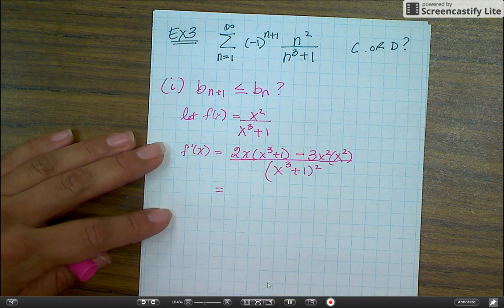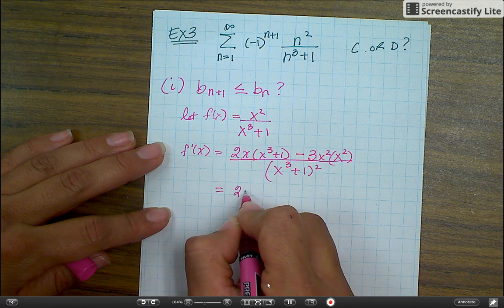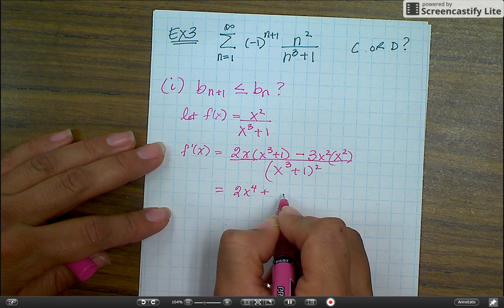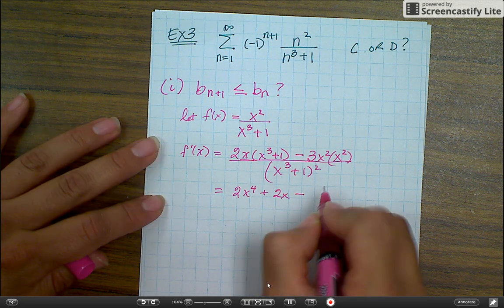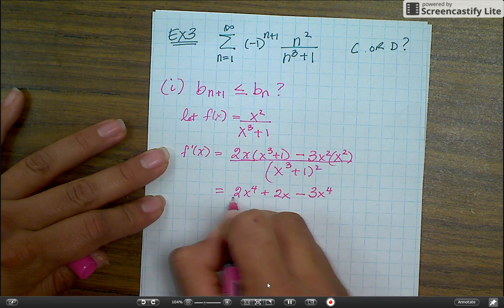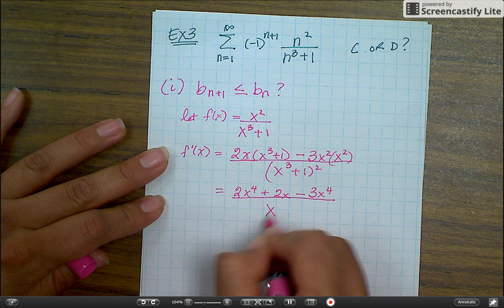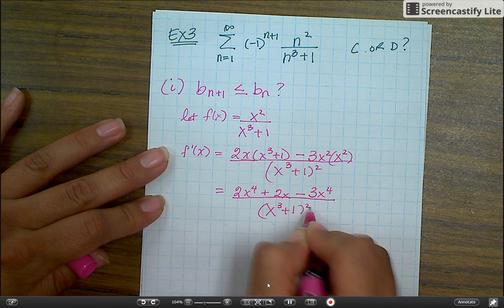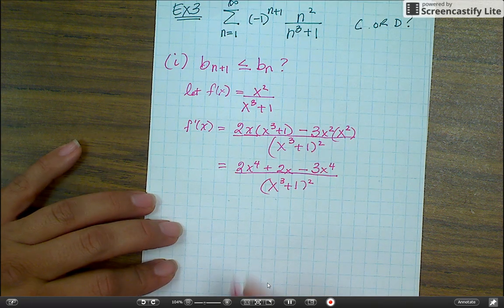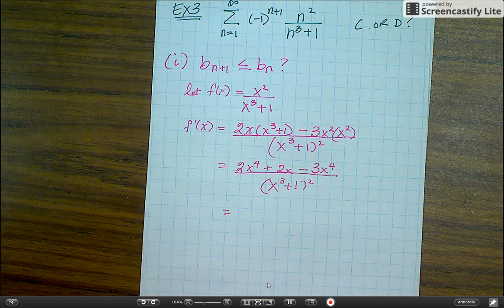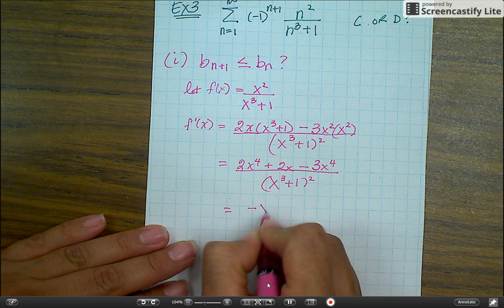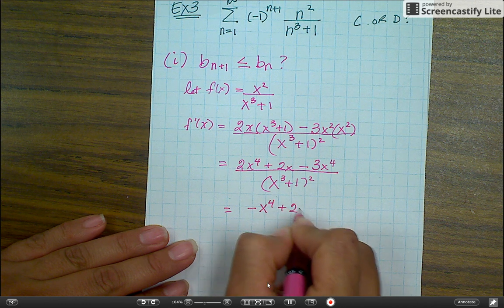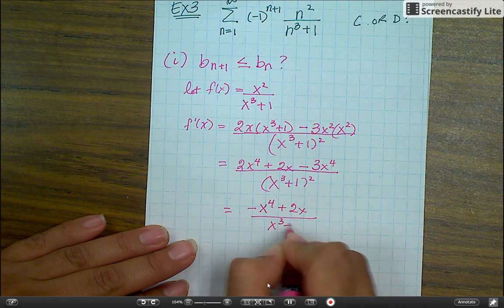All right, so let's see what we have. We have 2x to the 4th plus 2x minus 3x to the 4th. And this is x cubed plus 1 being squared. And so how many x to the 4th do we have? Minus x to the 4th plus 2x all over x cubed plus 1 being squared.